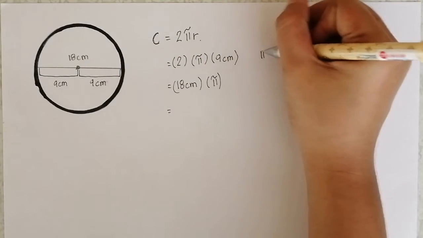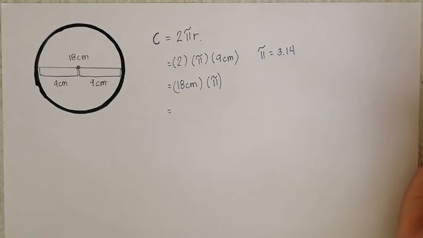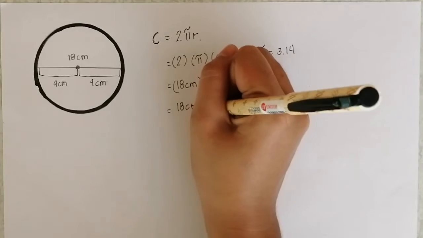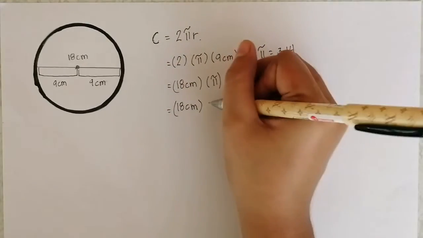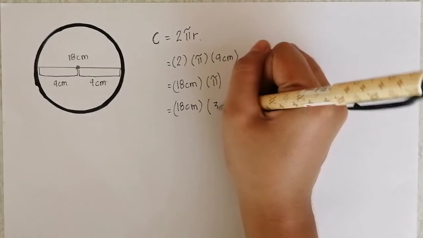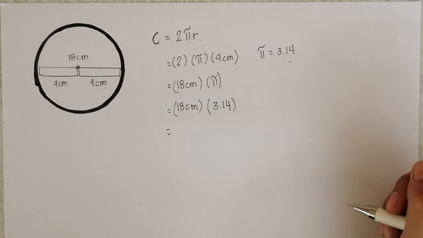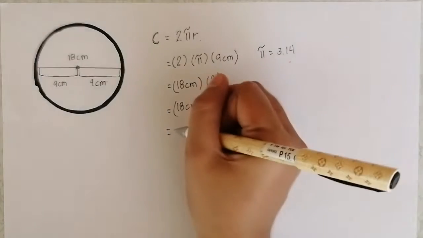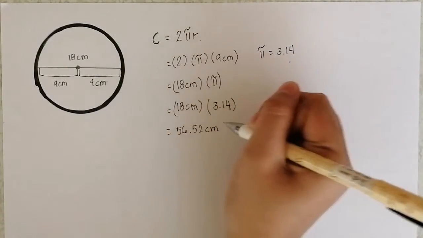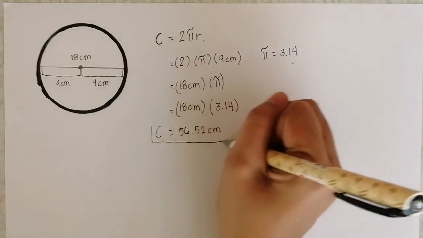And since pi is equal to 3.14, we will now have 18 centimeter times 3.14. 18 times 3.14, we will have 56.52 centimeter, which is the circumference of the circle.